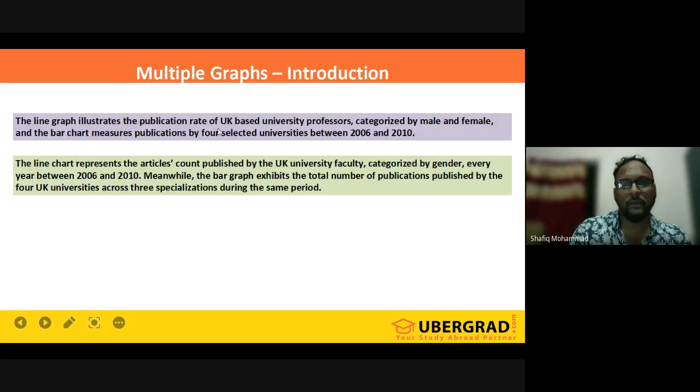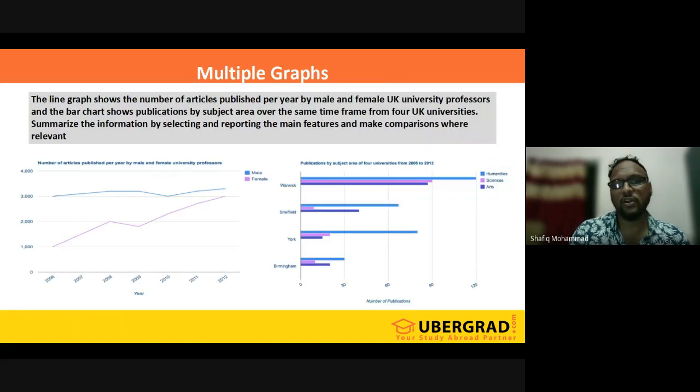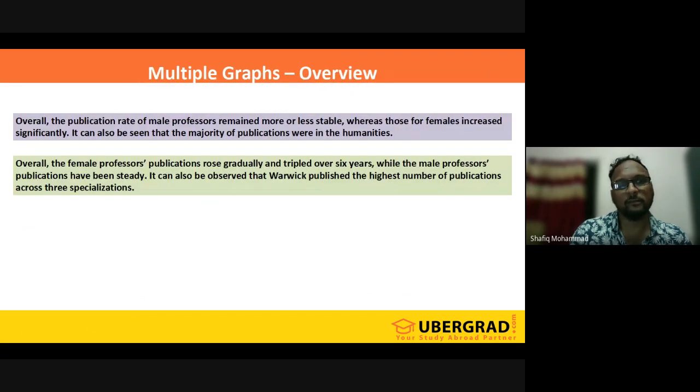So obviously he's talking about this. Humanities were always popular in all the colleges or all the universities, isn't it? So he's talking about this one, humanities. Then this is also the same way is done. You can read it by yourself.